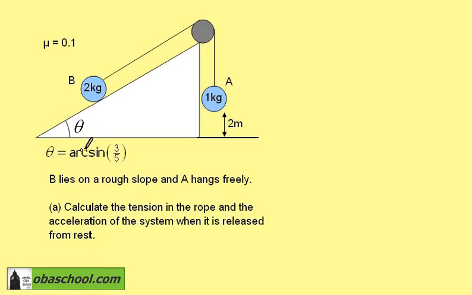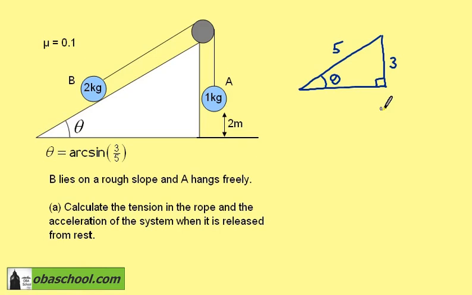The first thing we can deal with here is the angle of the slope. Many pupils don't like it when the slope is given in this form. However, it is quite straightforward to deal with. Just go off to the side and draw a triangle. If this is theta, we're told it's arc sine 3/5, which means the opposite must be 3, and the hypotenuse is 5.